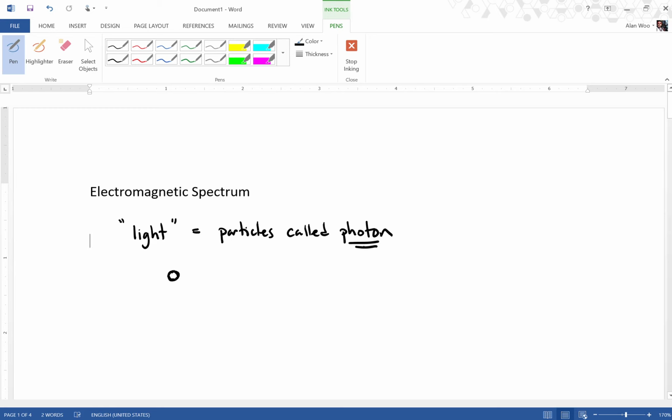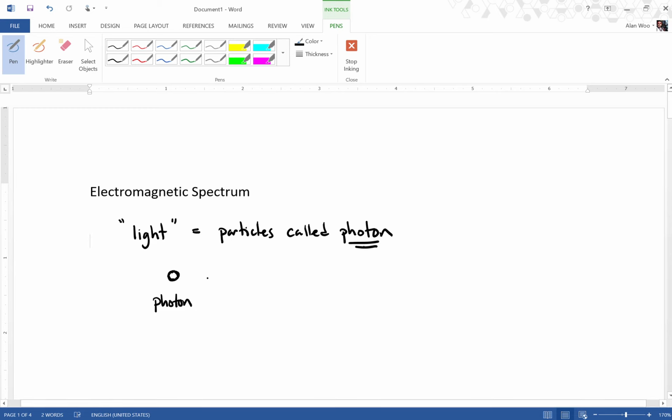So if this round circle is a photon, it does have mass. It is actually heavier than something like an electron. But in space, so let's say light coming from the sun, there's two schools of thought in terms of how it travels through space.